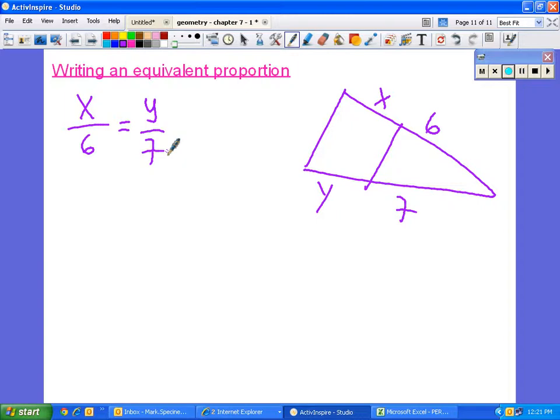What we want to know is we want this to be in the form x over y equals y. We want this fraction. So what are we going to do? We write the proportion.